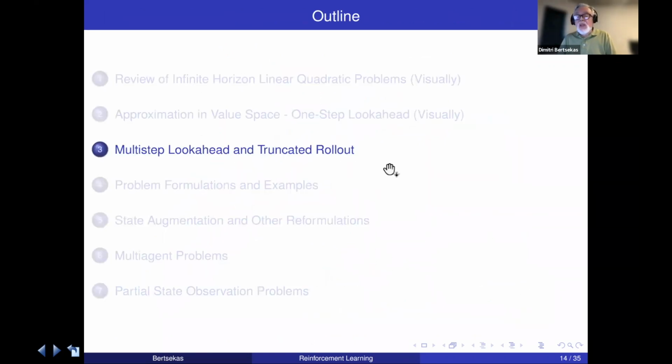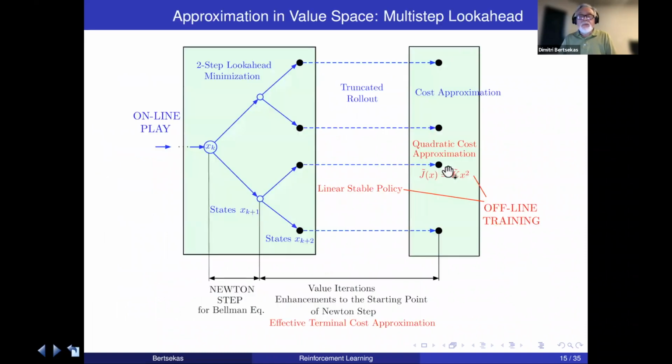So let's go into multi-step look ahead and truncated rollout. Now, the picture we want to look at is this one. This is a more complicated picture, where we have, at the current state, minimization over multiple stages, in this particular case, 2 stages. And then after that, we do truncated rollout with a base policy for a number of steps.